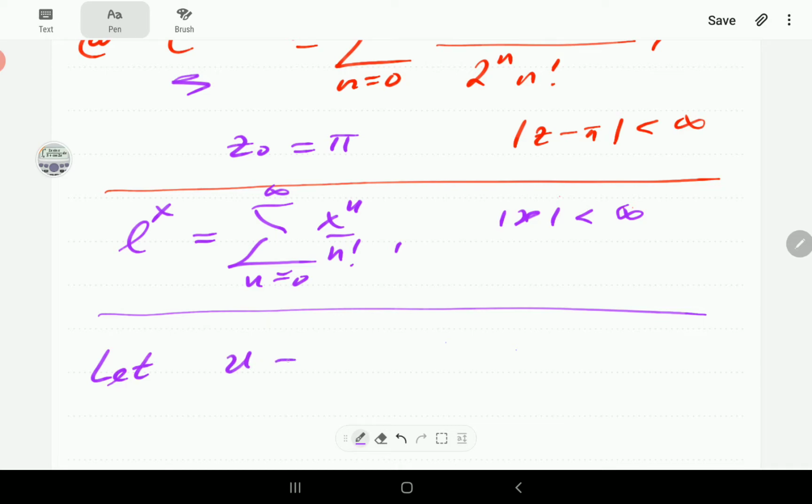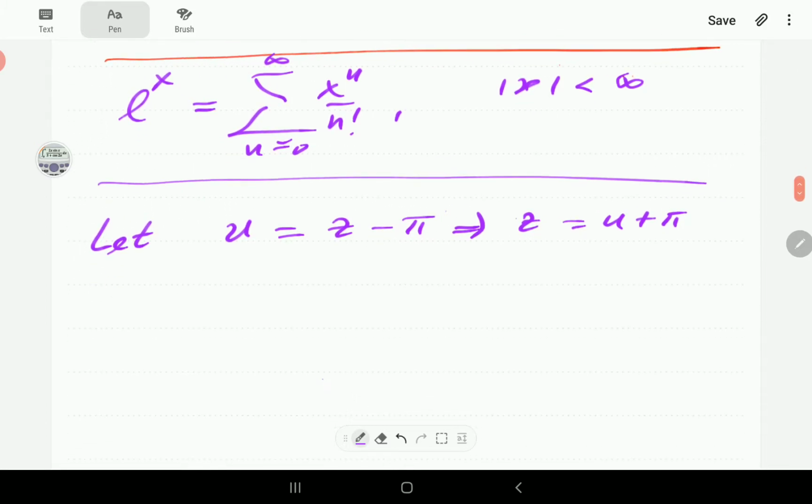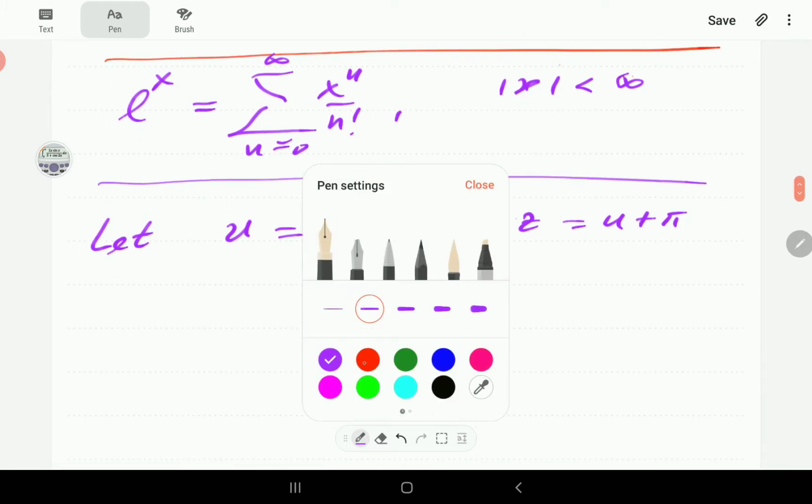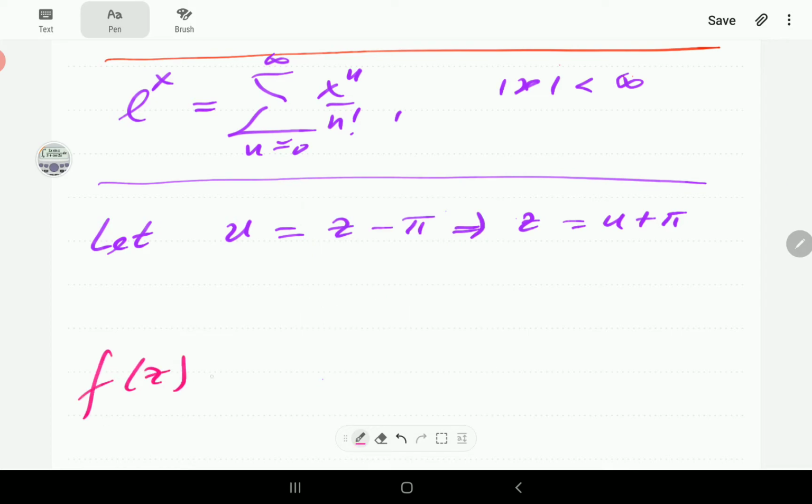So if we let u be equal to z minus pi, then z is going to be u plus pi. So from this, it means that f of z equals e to the iz over 2, we can write as e to the i over 2 times u plus pi.